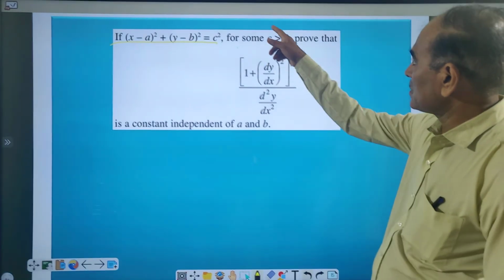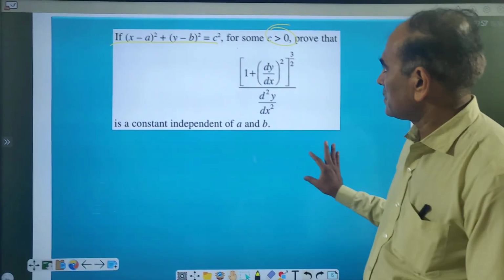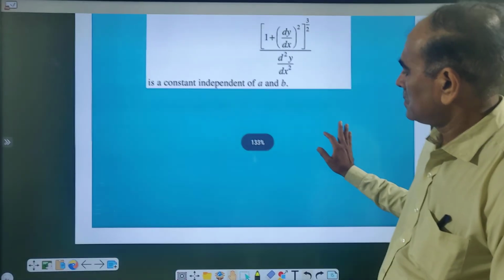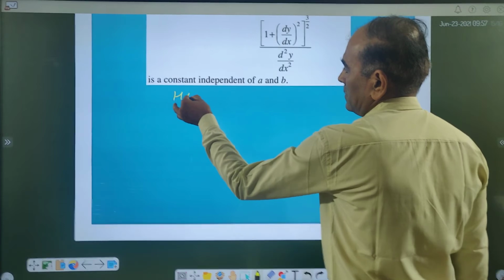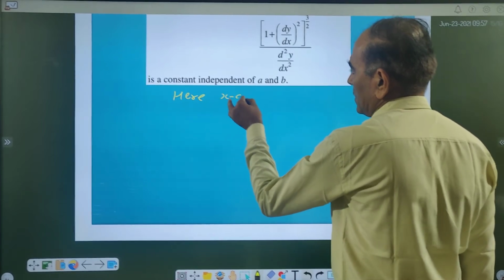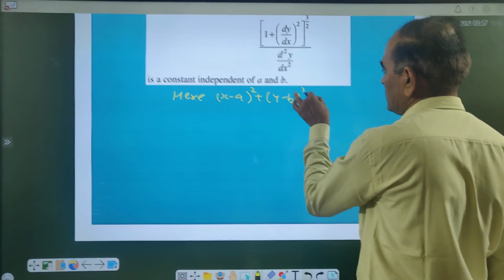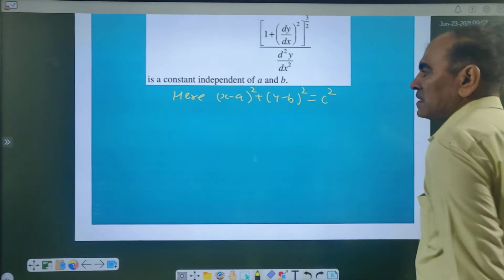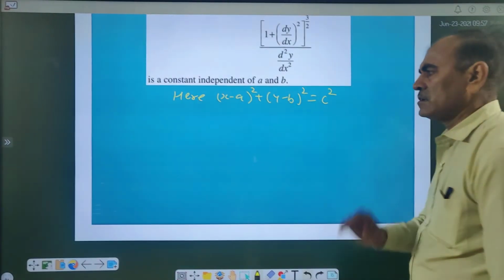This is why the condition c greater than 0 is put. See here, what is given? (x minus a) whole square plus (y minus b) whole square is equal to c square is given. Find out dy by dx and d2y by dx square.